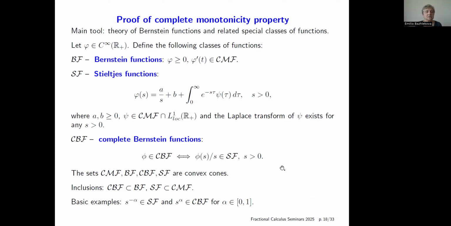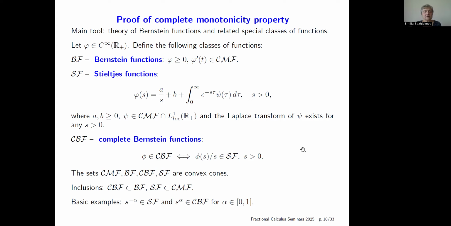This technique is simple and very useful when we would like to prove complete monotonicity or other similar properties. The use of this technique is motivated for me from the works of Gorenflo and Mainardi.